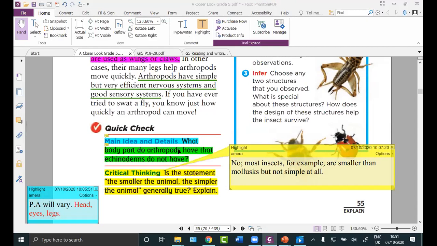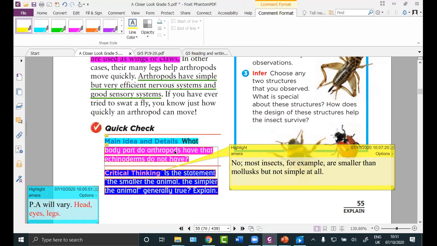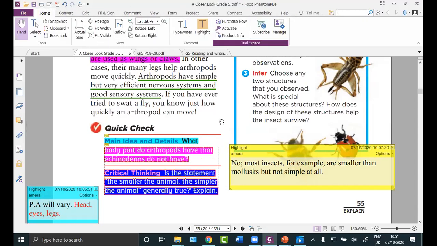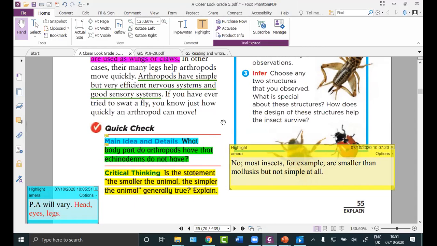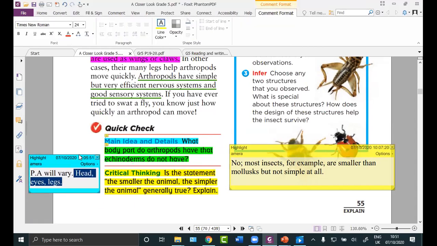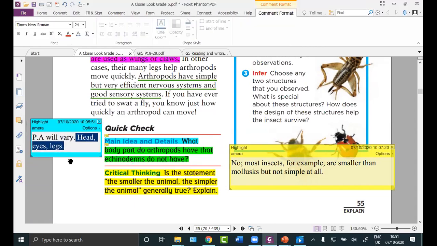Main idea and details. What body parts do arthropods have that echinoderms do not have? The answer will vary: head, eyes, legs. You have to know that possible answers will vary between you and your classmates and your friends.